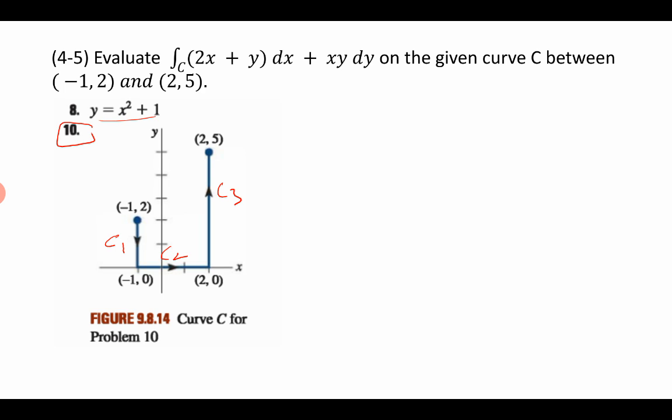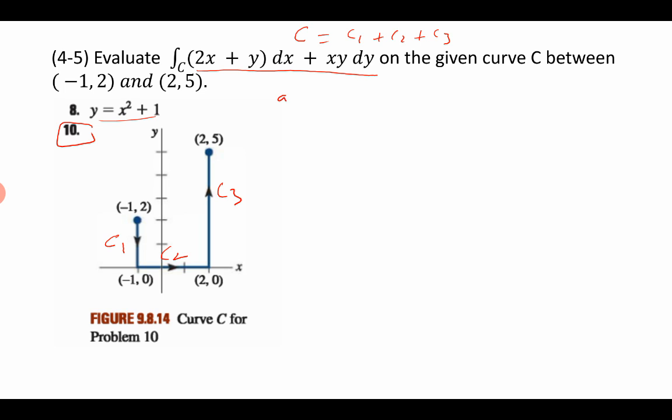So we have to find integrals along 3 different smooth curves and then sum them up for the same integration. C is C1, C2 and C3, right? Okay. Along C1 we'll write some information. Along C1, what is happening?